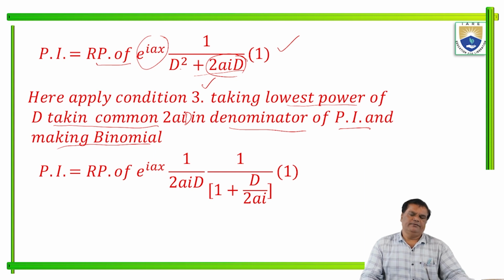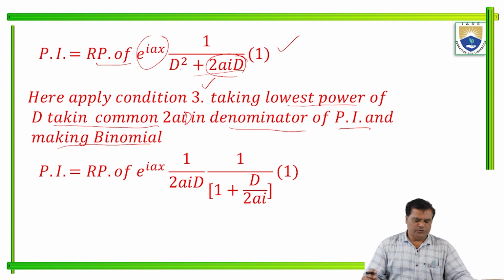I discussed them in detail in the last lecture. I am solving separate questions for each condition, but in this question all conditions are applied. So 2aid is common here, and d square upon 2aid leaves 1 plus d upon 2ai.